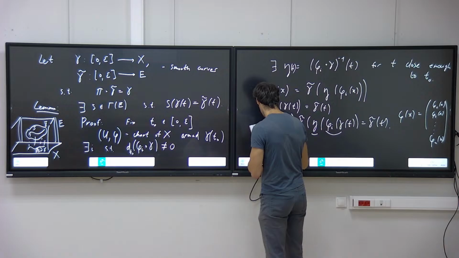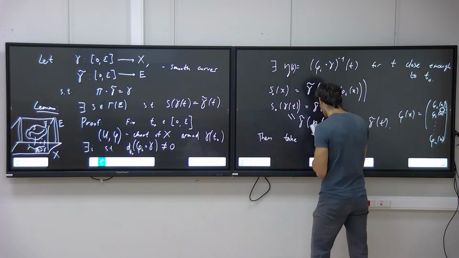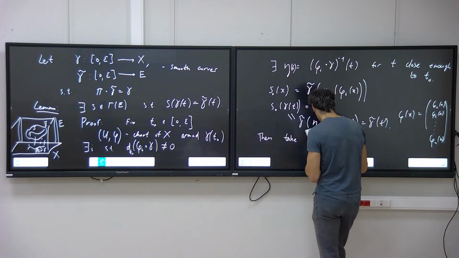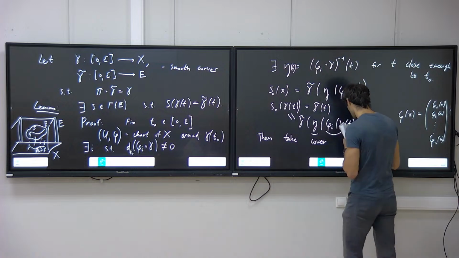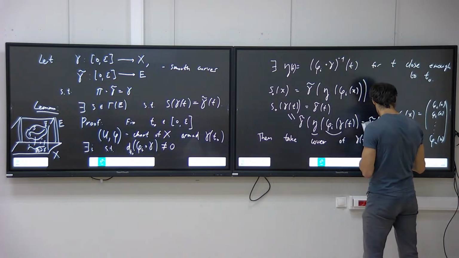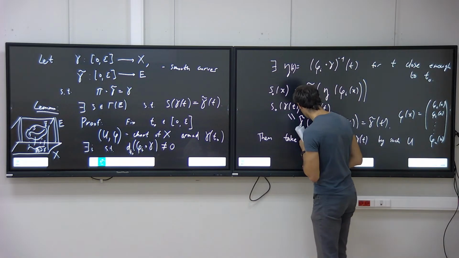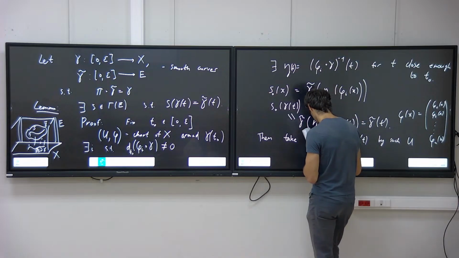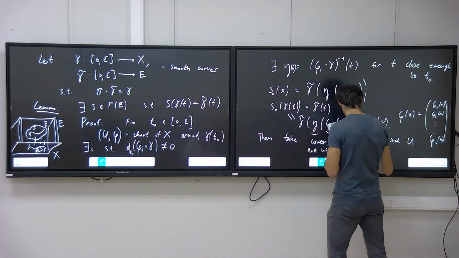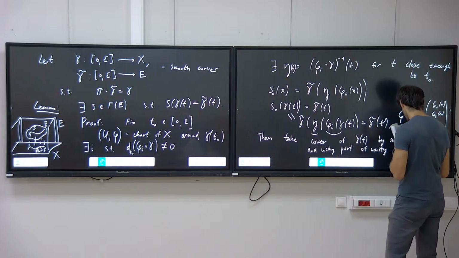So then take a cover of gamma of t by such a U, right? And using partition of unity, construct this.